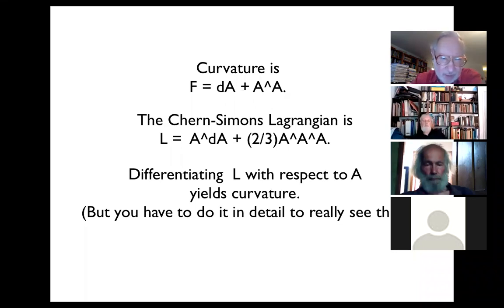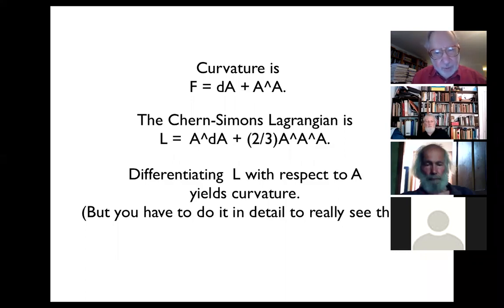And why do I call that curvature? I call that curvature because that's what it is in the true differential geometric sense if you think of A as a connection. If you think of A as a connection, then it's a little differential change that can be made on a vector, the vectors on which the Lie algebra acts.